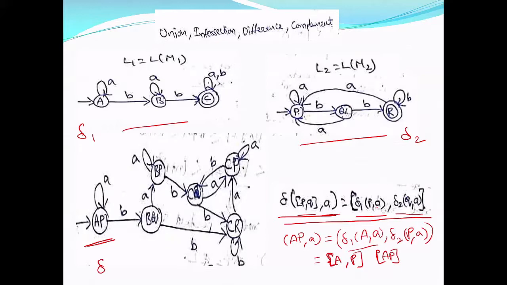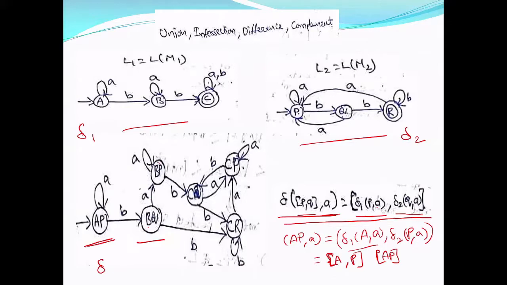Similarly AP on B. A on B will go to B and P on B will go to Q. So AP on B is BQ. And BQ on A: B on A is B, and Q on A is P. So it is BP.